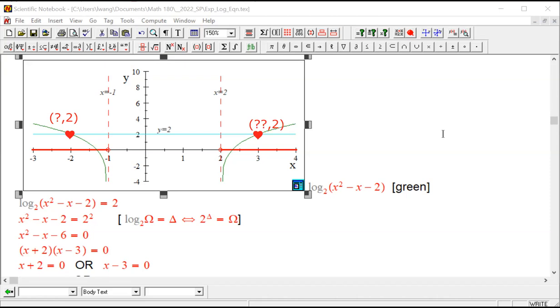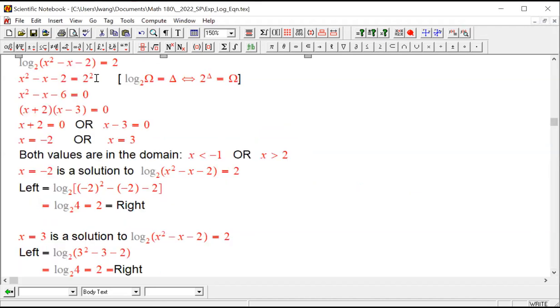You can see these ideas are very similar to what we've done with other functions, exponentials, trig functions, and so on. So the rest is just algebra to identify the points precisely.